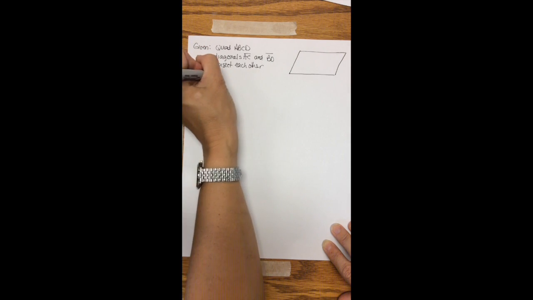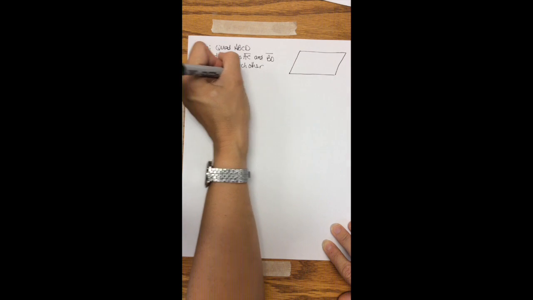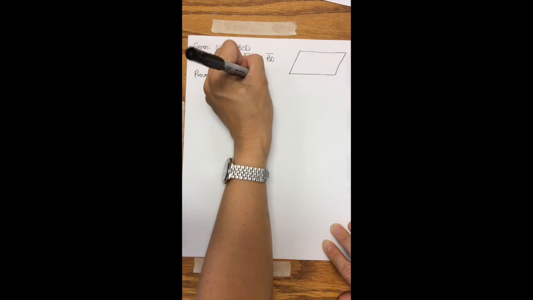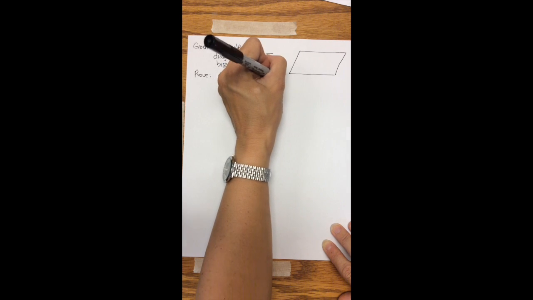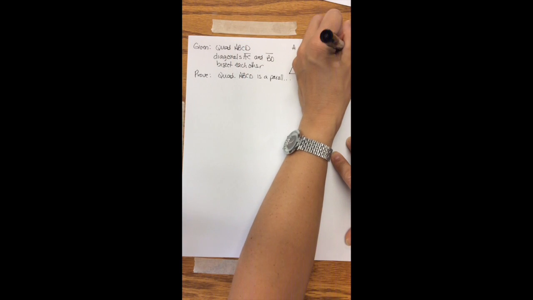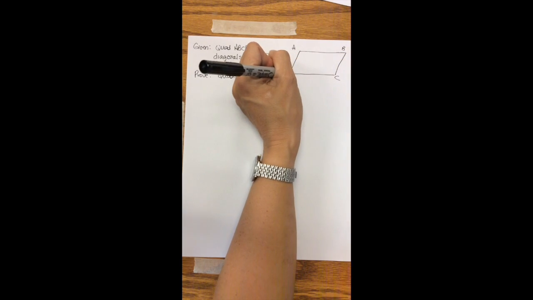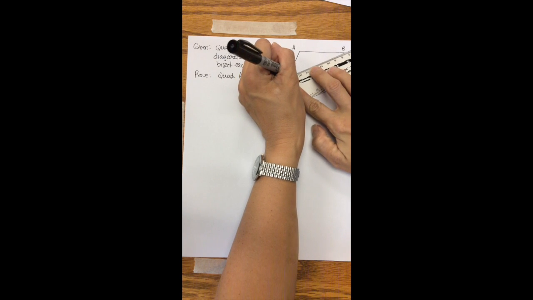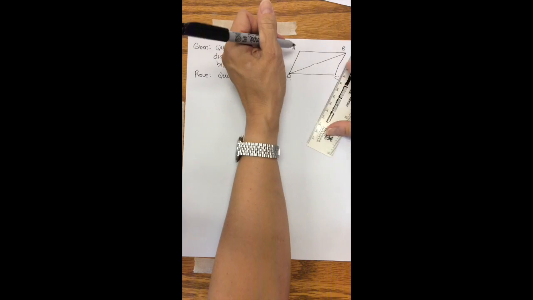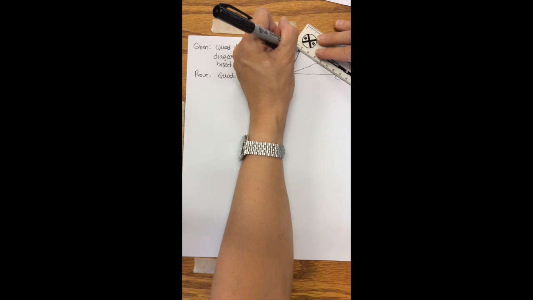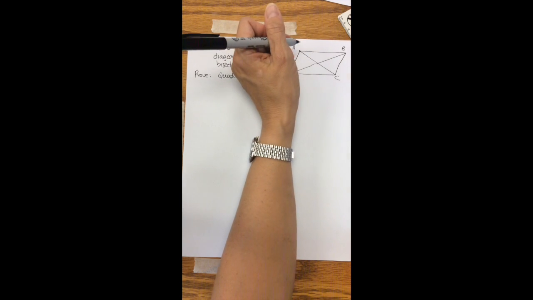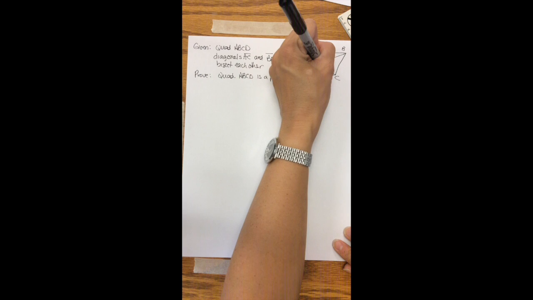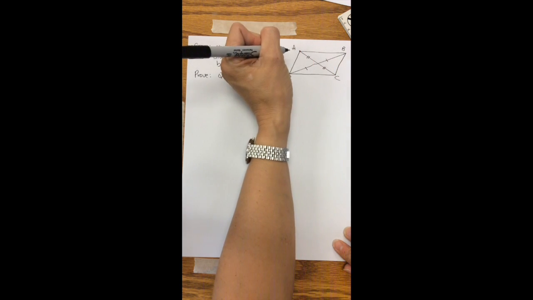So if we know that, then we're trying to prove that quadrilateral ABCD is a parallelogram. So let's label everything A, B, C, D. 2 diagonals. We know that these are congruent and those are congruent.